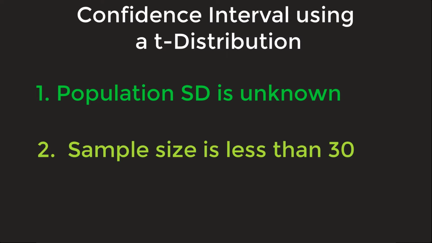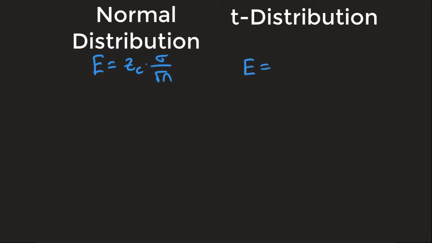So really the only difference in the formula is the margin of error. In a normal distribution, the margin of error was the critical value times the population standard deviation over the square root of n. But for a t-distribution, we need to replace the critical value, because now it's going to be a critical value for the t-distribution, and the population standard deviation, because we don't know that.